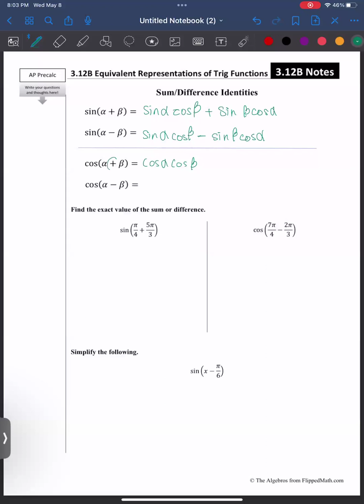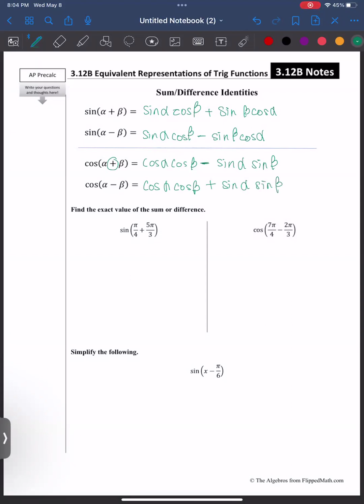And then whatever sign is here in the middle, I'm actually going to use the opposite of it. So minus sine of alpha times the sine of beta. And the same thing's going to happen over here. It's going to be the cosine of alpha times the cosine of beta plus sine of alpha times the sine of beta.